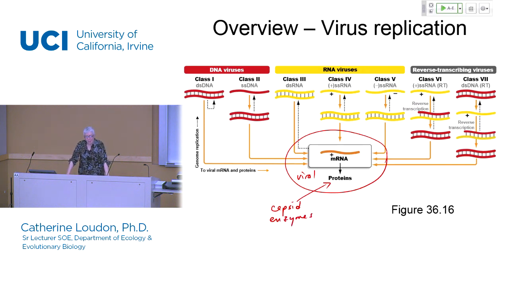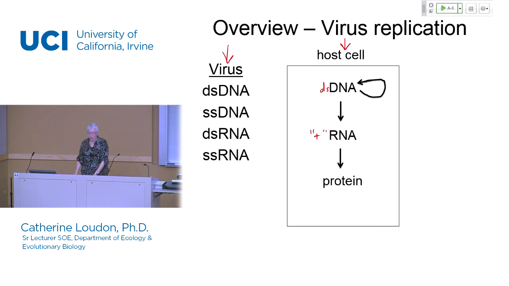So why would the virus need more enzymes? Well, consider how different the steps are for these different kinds of virus types. A virus that is double-stranded DNA should have an easier time plugging into the host cell machinery. After all, if we go back to the little cartoon, the host cell is already set up with double-stranded DNA, already knows how to replicate double-stranded DNA, and already has all the enzymatic wherewithal to make more copies and make proteins.